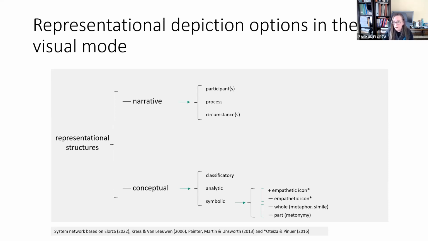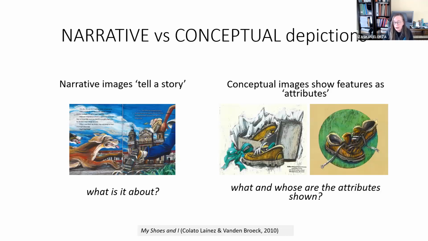Depending on the kind of multimodal text that we are analyzing, we will have a greater variety or a smaller variety of those possibilities. Here, I wanted to present this snapshot of two different parts of the same picture book.